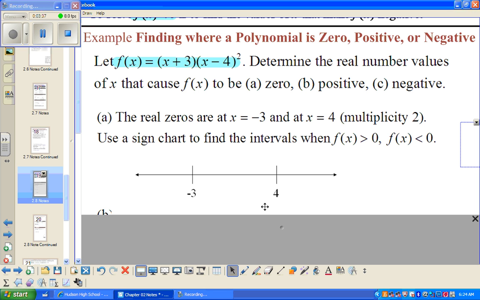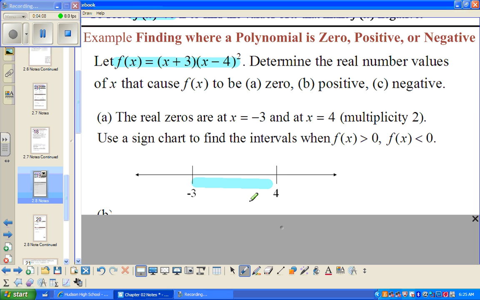What you should realize here is we put the zeros on the number line, and if you think of it graphically, that's going to be your x-intercepts. On either side of your zeros, you're going to have values that are either positive or negative, and throughout the entire span between zeros, all the values will be the same.